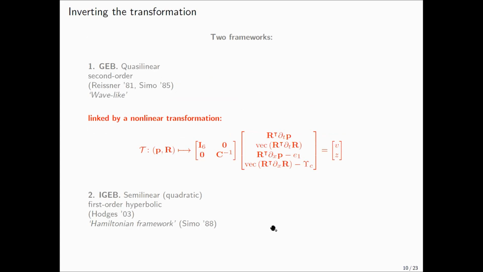So now I want to talk a bit more about this transformation, what we can do with it. So I recall it here: the relationship between P and R, the unknowns of the JEP model, and Y made of V and Z, the unknown of the IJEP model.